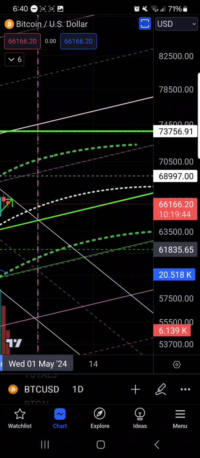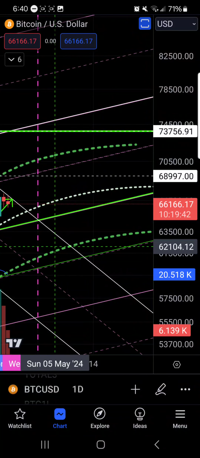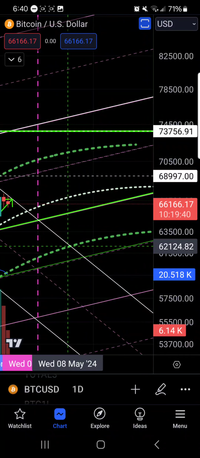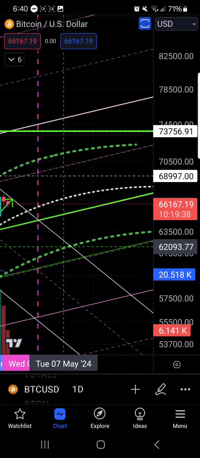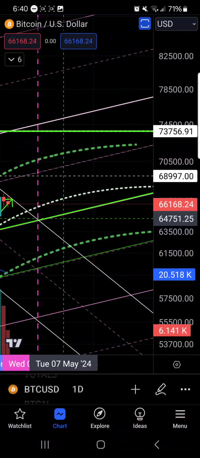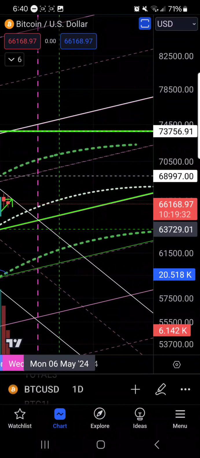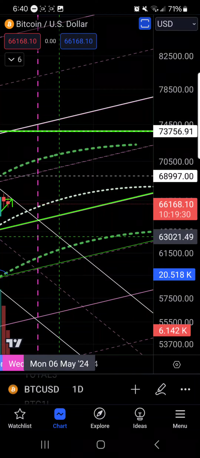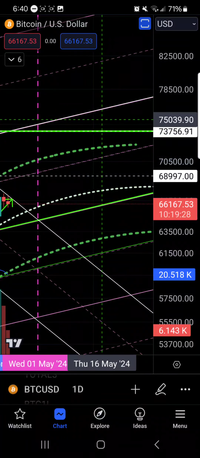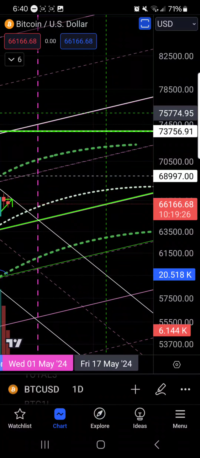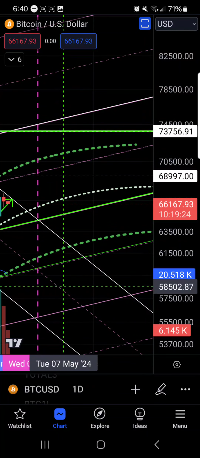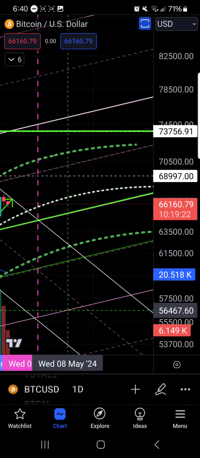FOMC meeting is there, and then CPI data is like the following week. I don't remember the exact day. Somewhere around here. So we would come down there, maybe chop along here, and if we get good numbers in CPI, we shoot upwards. If we get bad numbers, then maybe we do come down to that $56,000 range.